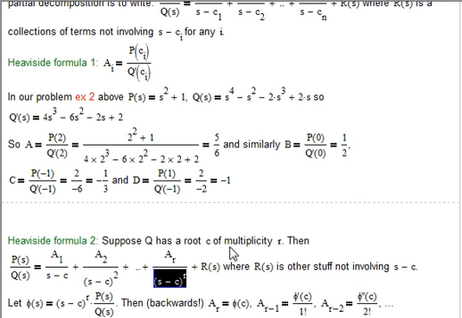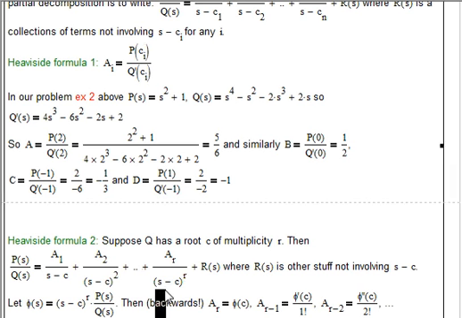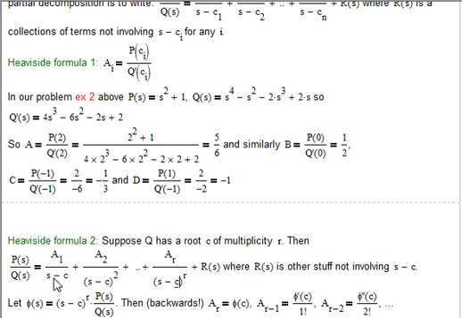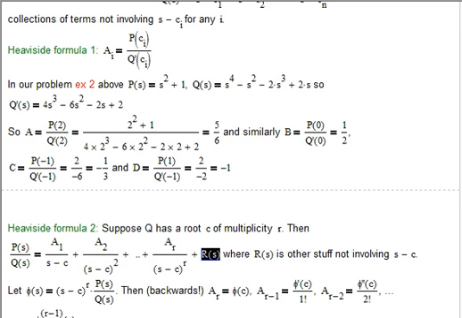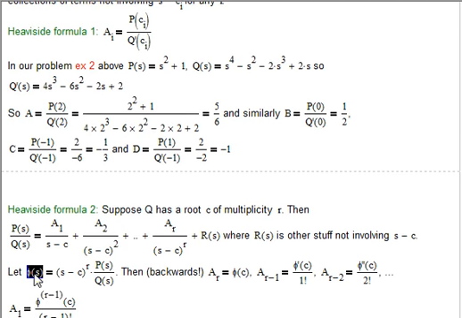If Q has a root of C of multiplicity R, then S minus C to the R is the highest power of S minus C that we need in the denominator, but we need all positive integer powers up to that R, plus the remainder R of S, some other stuff not involving S minus C.